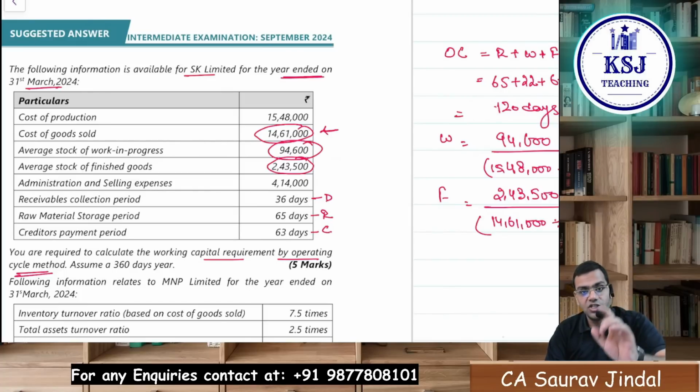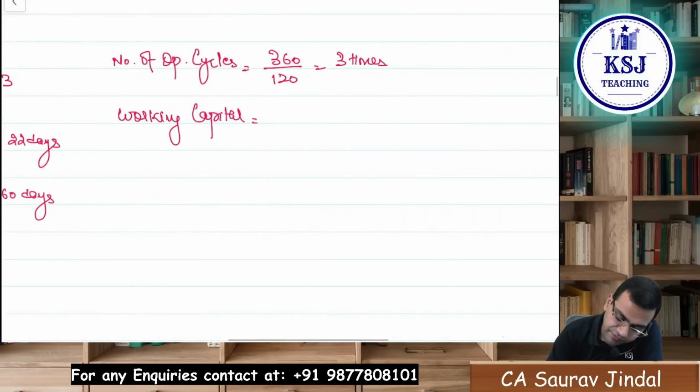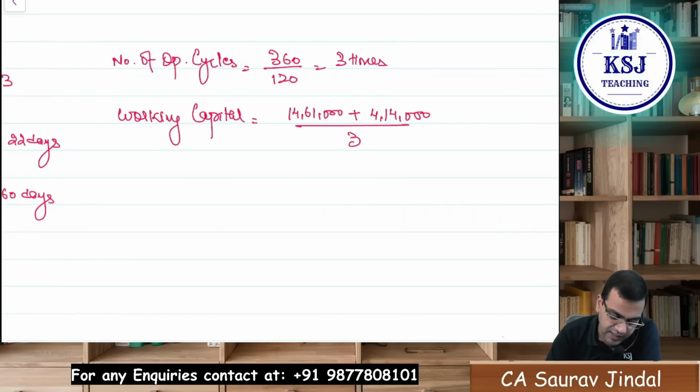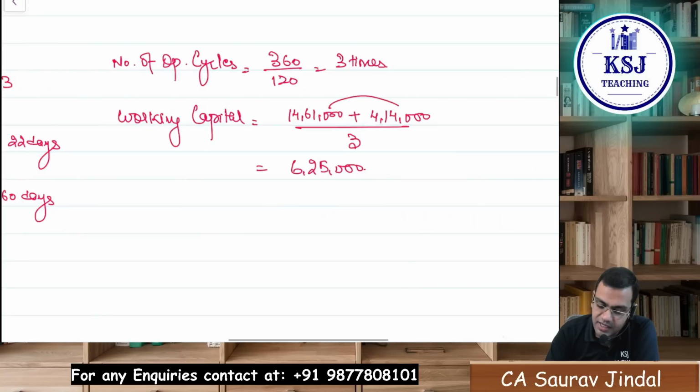So after the adjustment of opening and closing WIP, cost of goods sold 14,61,000, for which the working capital is required, plus selling and distribution expenses, that is 4,14,000, divided by the number of cycles, 3. So for every cycle, the amount of working capital that will be required is 6,25,000. This is the total cost incurred during the year divided by the number of operating cycles in a year. You will get that in one operating cycle, what will be the amount of working capital that will be required.